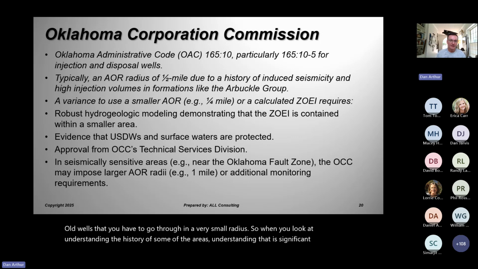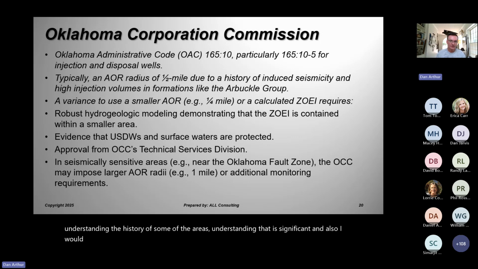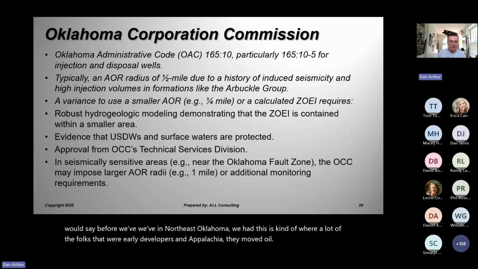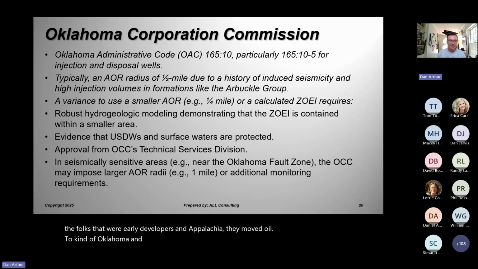And also, like I said before, in Northeast Oklahoma, a lot of the folks who were early developers in Appalachia moved to Oklahoma and Kansas and really started pushing the production there.